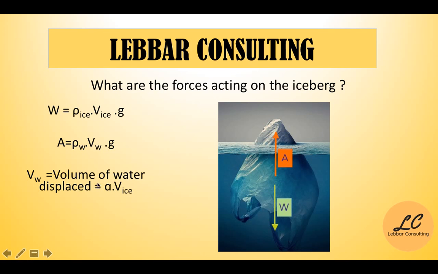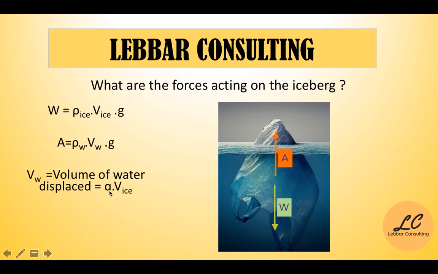And for this VW, we can write it as alpha, a fraction, times the entire volume of the iceberg. This alpha must be less than 1, right? Because the volume of water displaced, which is here, must be less than the entire volume of the iceberg.